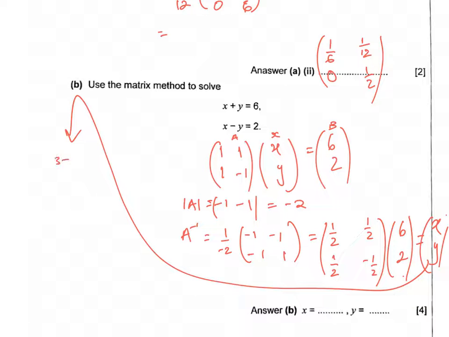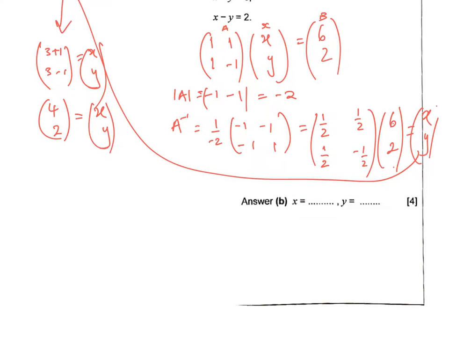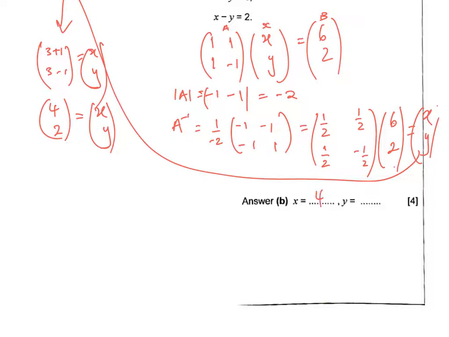That means I have 3 plus 1, and then I'll have a half of 6 again, plus a half of this, that will be 3 minus 1. Okay, equals to xy. So if I add here, I'll have 4. If I add here, I'll have a 2, equals to xy, which means x is 4. X is 4 and y is 2.